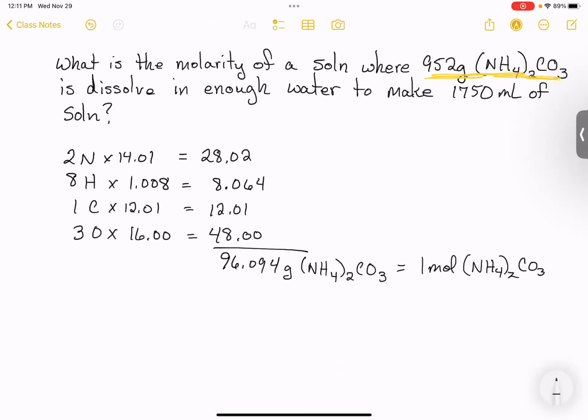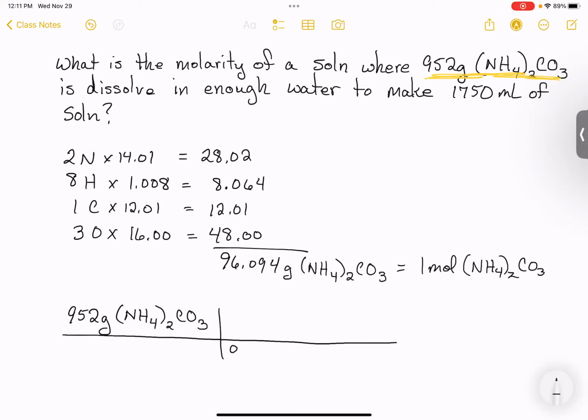So I can take my 952 grams of ammonium carbonate and convert that into moles using that molar mass.